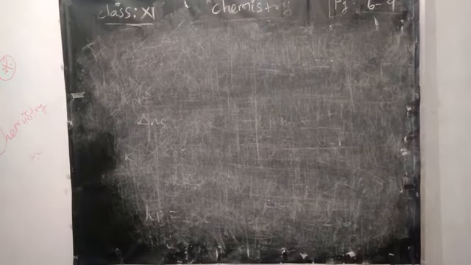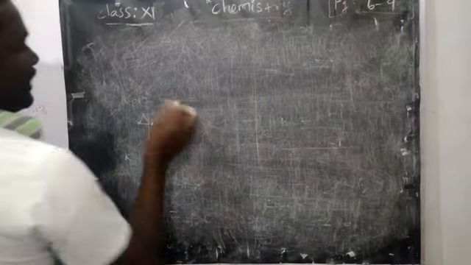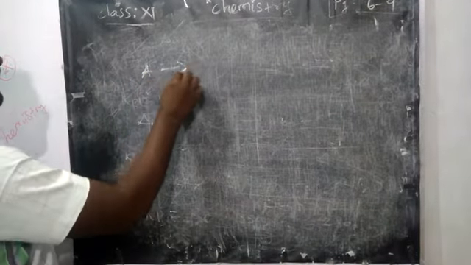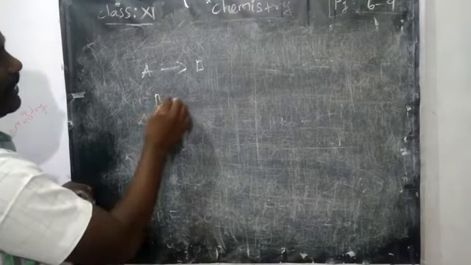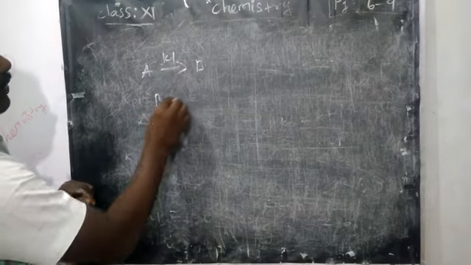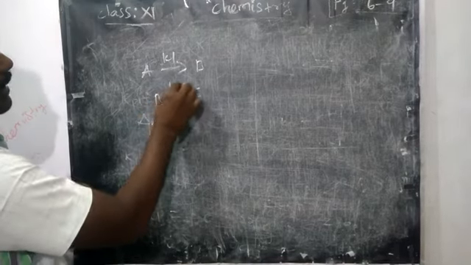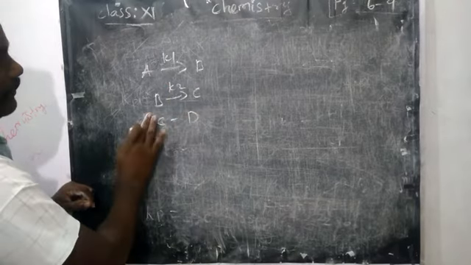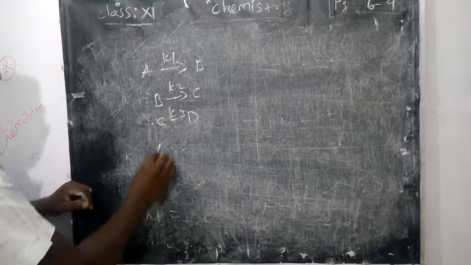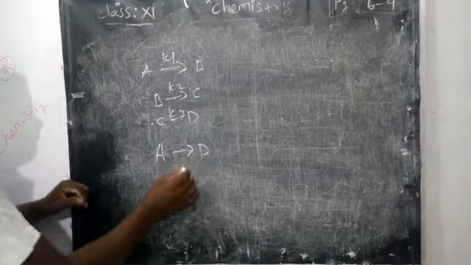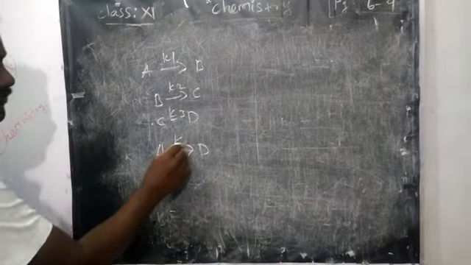That is nothing but if you have more than one rate constant value. What is that? For example, A gives B, we can say K1, B gives C, K2, C gives D, K3, and A to D, how will you write? K4.